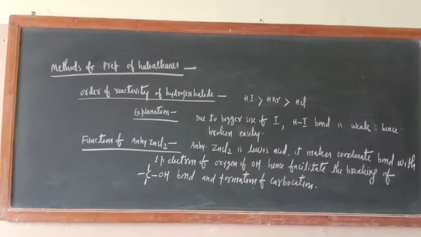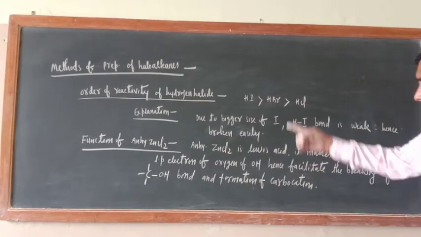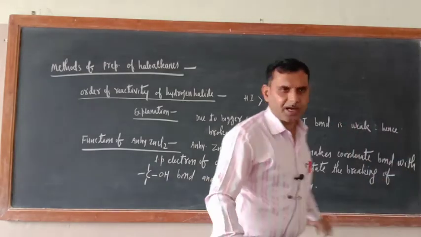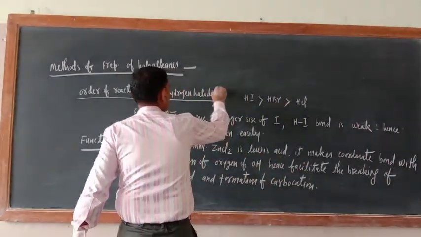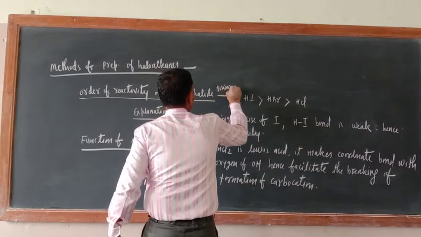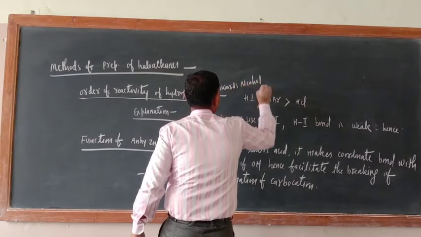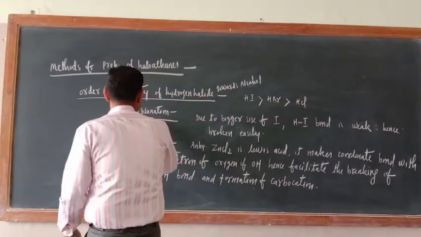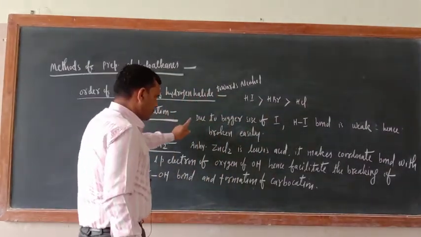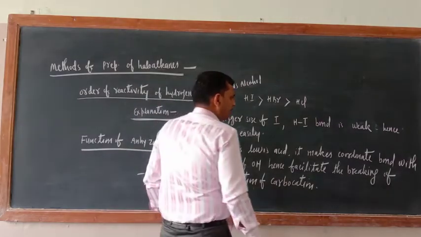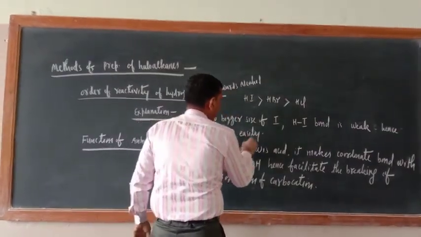Now here one more thing is there, the order of reactivity of hydrogen halide towards alcohol: HI > HBr > HCl. See the explanation. Due to the bigger size of iodine, the H-I bond is big, hence broken easily.